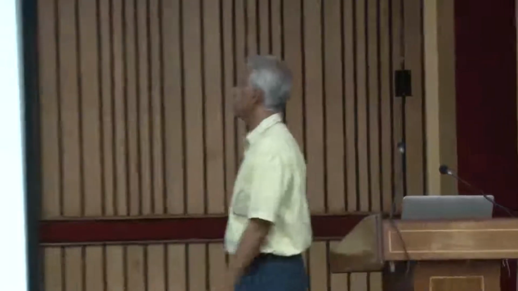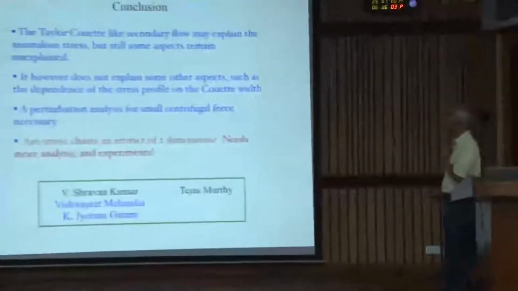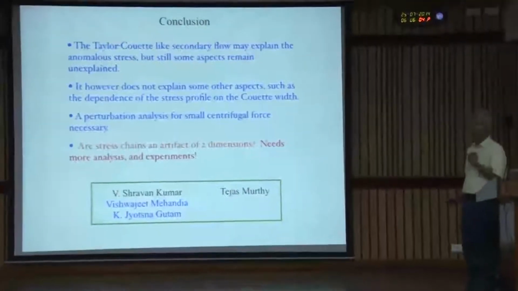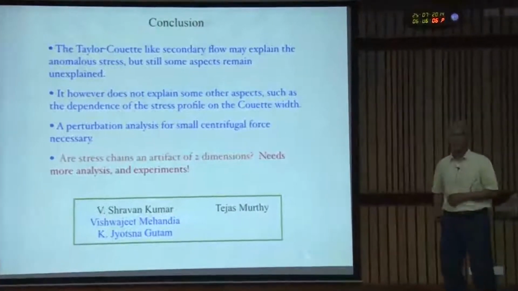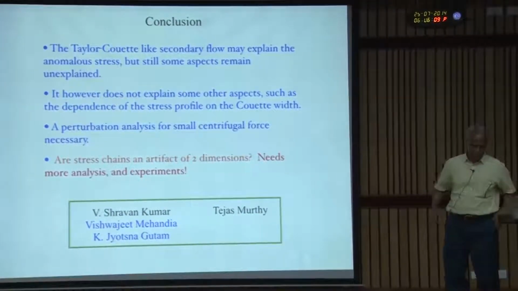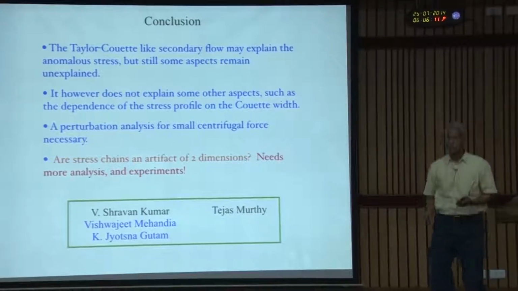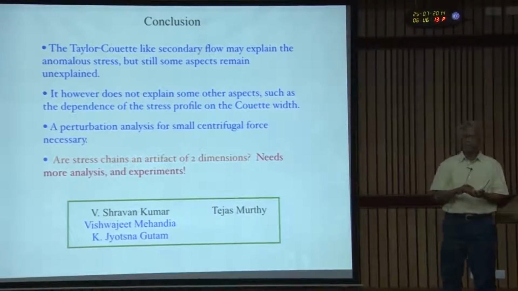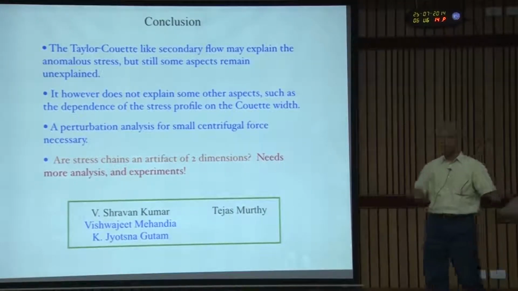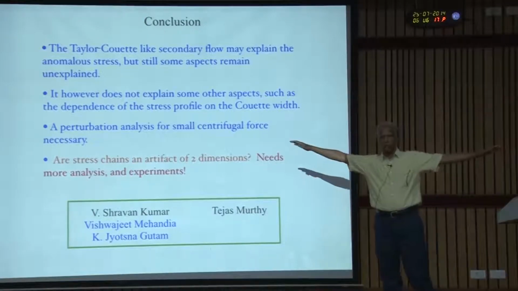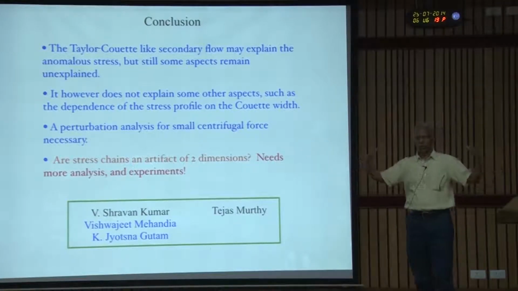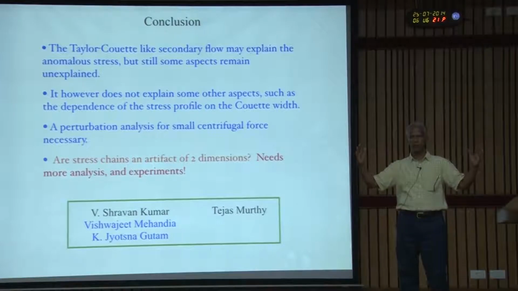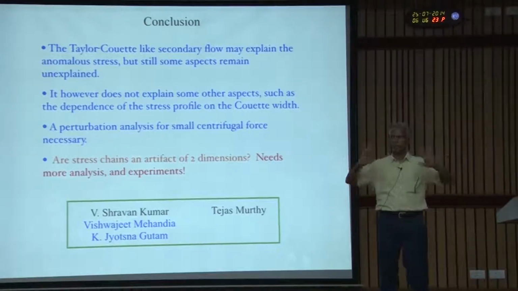To conclude, there is a Taylor-Couette like secondary flow. In the classical Taylor-Couette flow, it is caused by a centrifugal instability. The centrifugal force is throwing the liquid out, and until the critical Taylor number, the pressure difference is holding back the fluid.